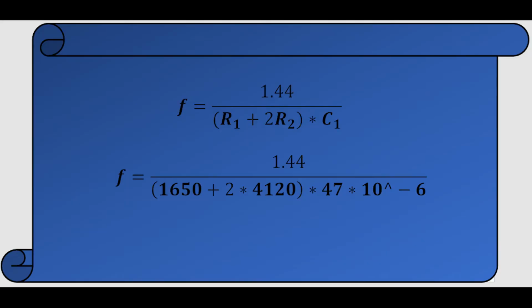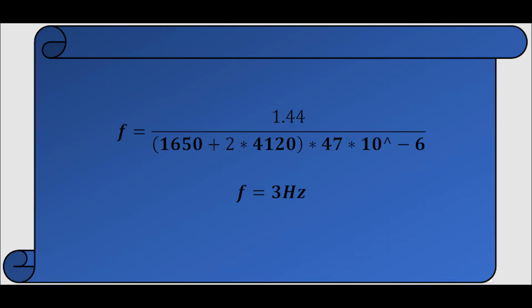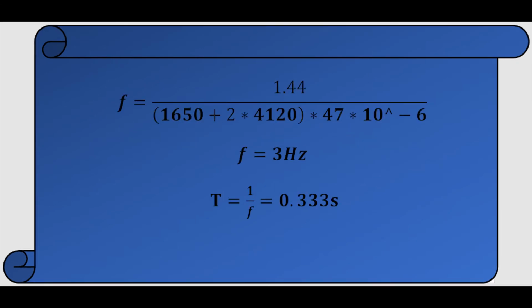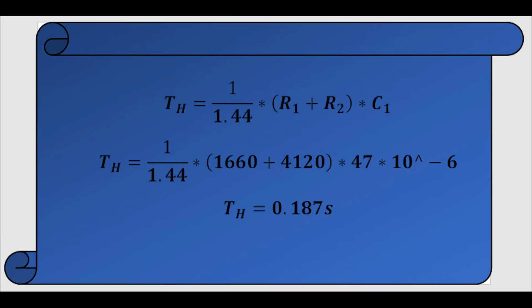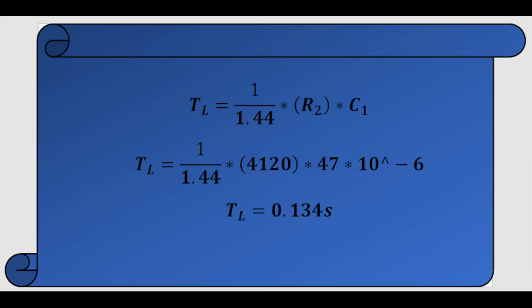We put all the ingredients into the formula and we get a frequency of 3 Hz. The time period we get from the formula is about 0.333 seconds, and the high time, or the time for which the LED remains high or on, is about 0.187 seconds, and the low time for which the LED remains low is 0.134 seconds.